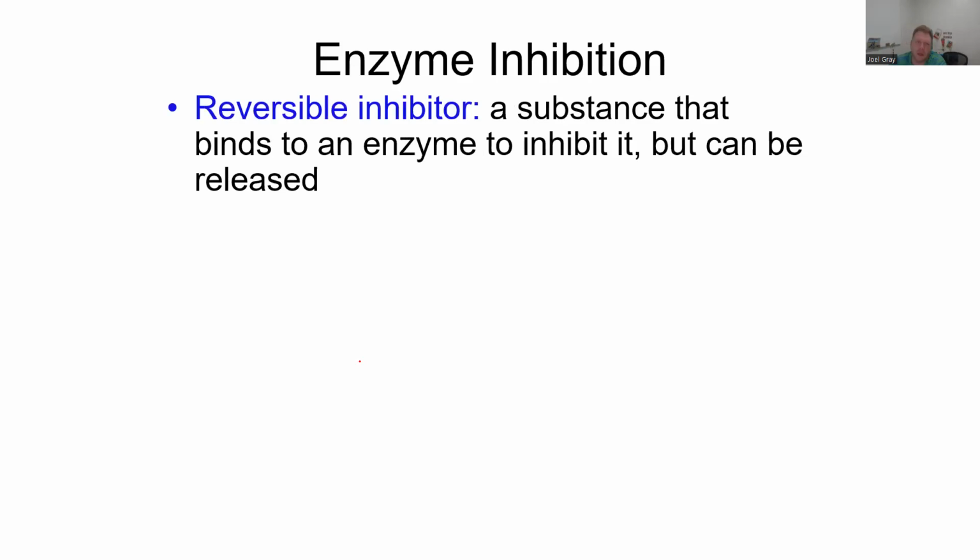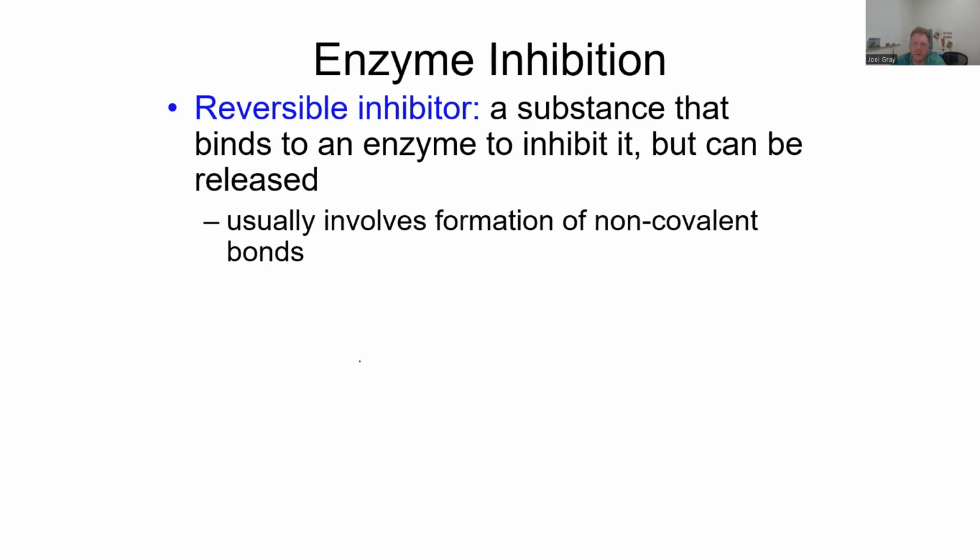When it comes to enzyme inhibition, there are inhibitors that are reversible. These are substances that bind to an enzyme to inhibit, but they cannot be released. So that means you could imagine that the enzyme has a very high affinity for that substrate, and there's probably a covalent bond as opposed to a non-covalent bond like an ionic or a hydrogen bond.